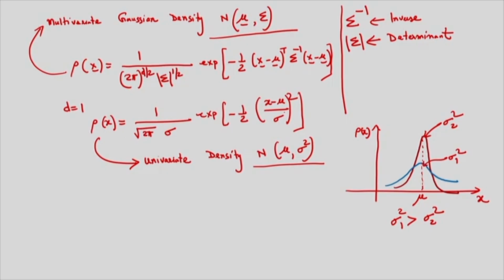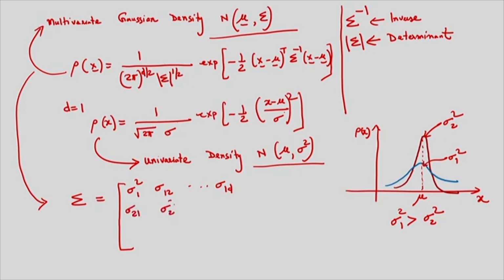In my last slide, I showed the expression for the covariance matrix of the multivariate Gaussian: sigma 1 square, sigma 12, sigma 1d; sigma 21, sigma 2 square, sigma 2d; and finally sigma d1, sigma d2, sigma d square. So this is the expression for the covariance matrix.